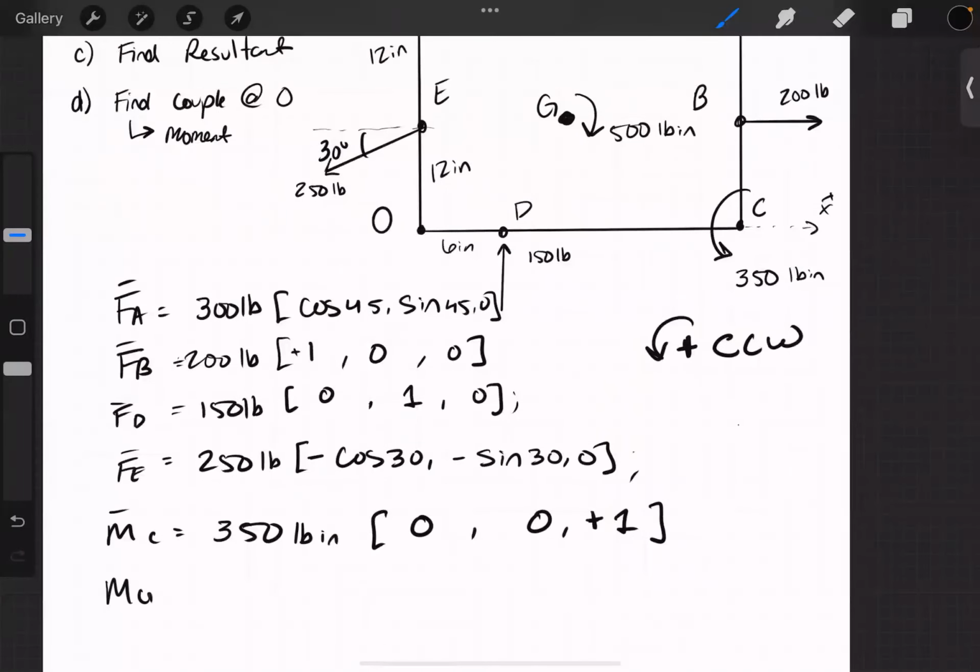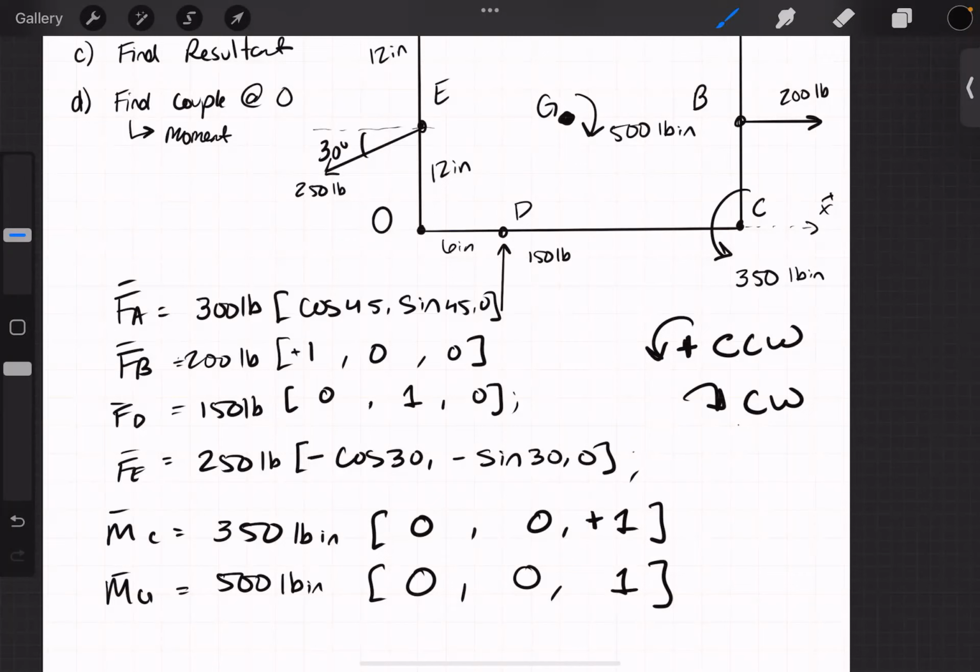The moment at G is equal to 500 inch-pounds, also in the Z direction. This is a clockwise moment, and therefore it is negative. 1 positive, 1 negative. I'll definitely be looking out for those signs when defining these forces.